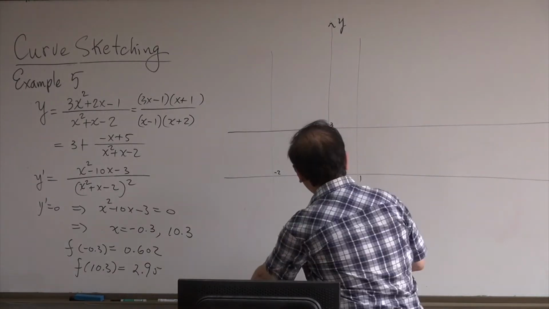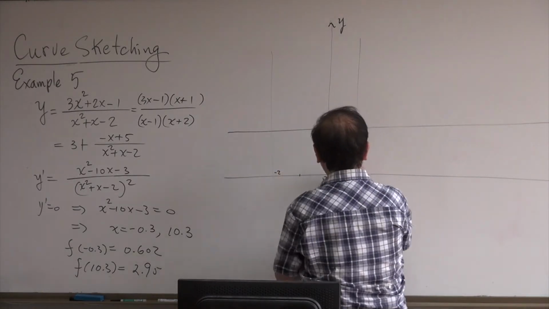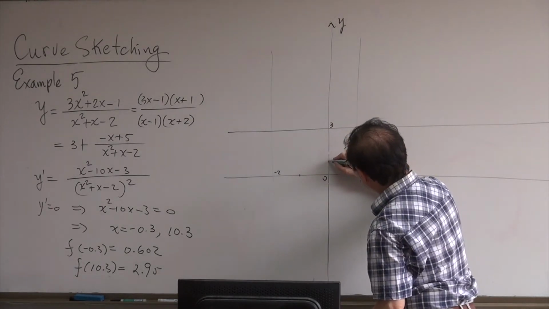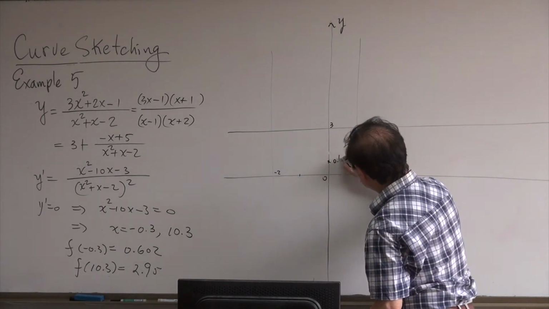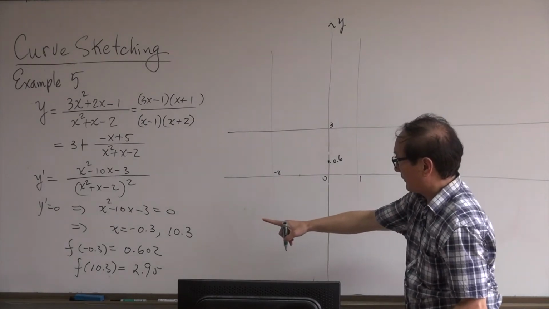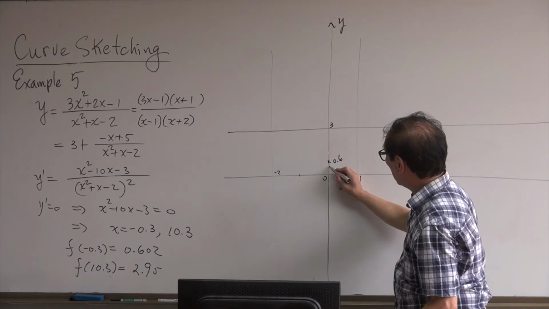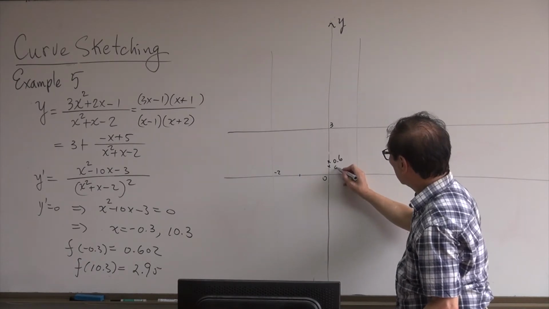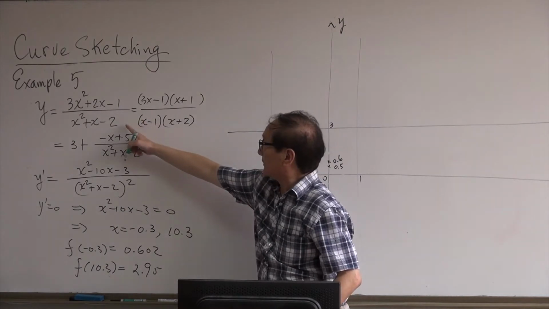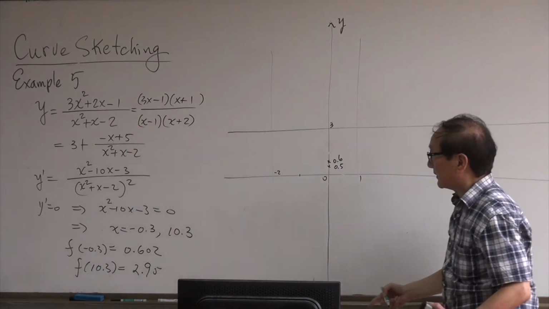It's not very accurate. This is 0.5. 0.5 is the intercept. When x equals 0, y is half.